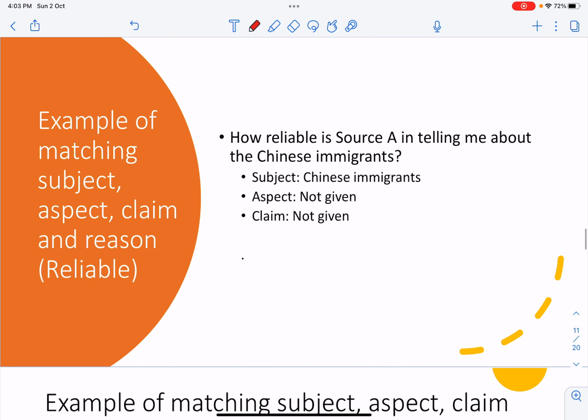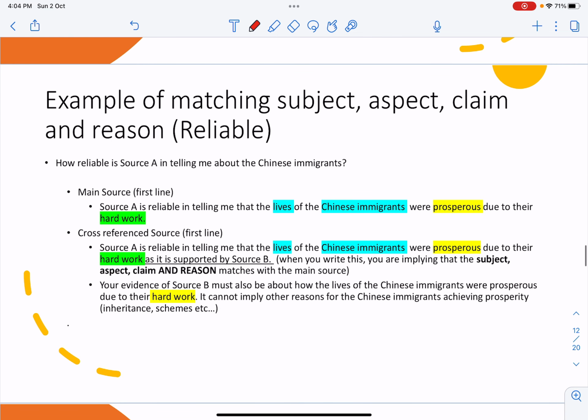Okay, what I mean by this, let me give you an example. For this question, how reliable is source A in telling me about Chinese immigrants? Subject, Chinese immigrants. Aspect, not given. Claim, not given. So I need to find out what is the aspect, what is the claim, and then what is the reason. Okay, let's look at how this is answered. Source A is reliable in telling me lives. Now this is my aspect.